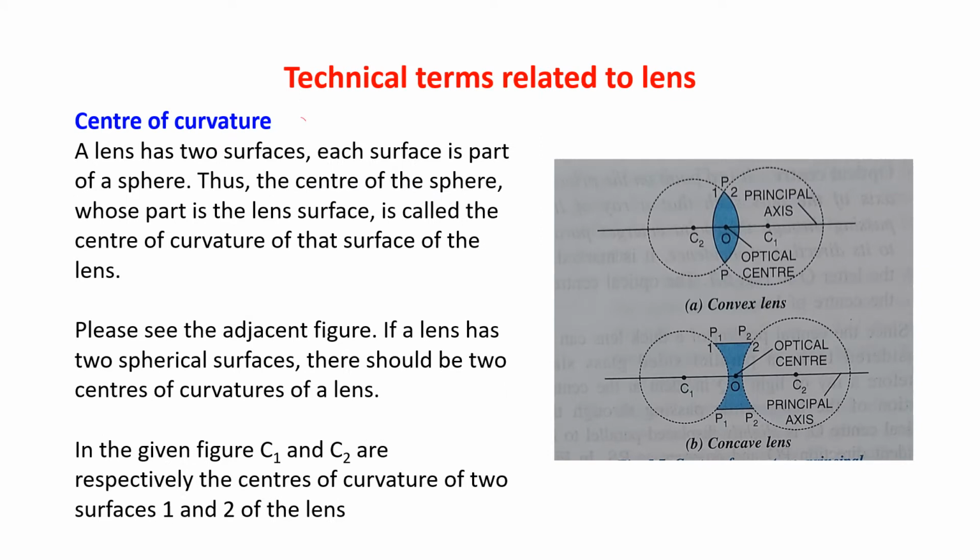First is center of curvature. A lens has two surfaces, this one and this one. Now each surface is a part of a sphere. Now if I draw a sphere, then this part is a part of this sphere.